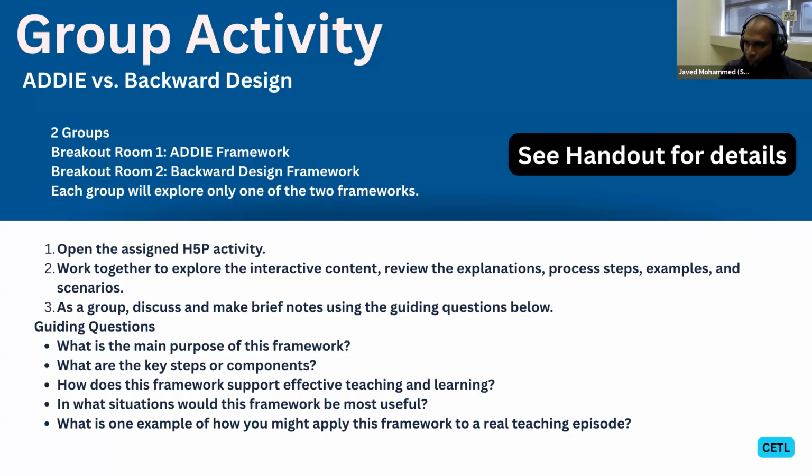And both groups are going to explore those two design frameworks. Now, I have links in that document that are going to take you to the resource, so you don't need to go searching all over for information. You're going to access that H5P activity. It's a link. You have a hyperlink and you have the link itself in case the hyperlink doesn't work.